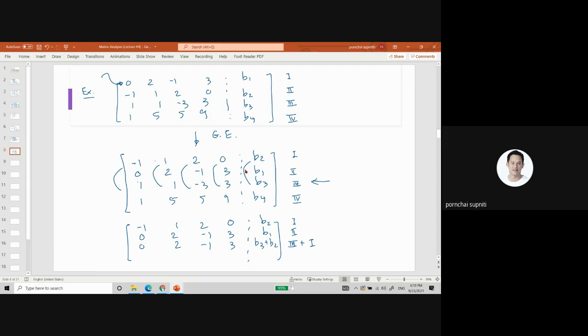Then I also look at line 4. I add line 4 with line 1. So I get 1 minus 1, which is 0. Then I get 6, then 7, then 9, and so on.